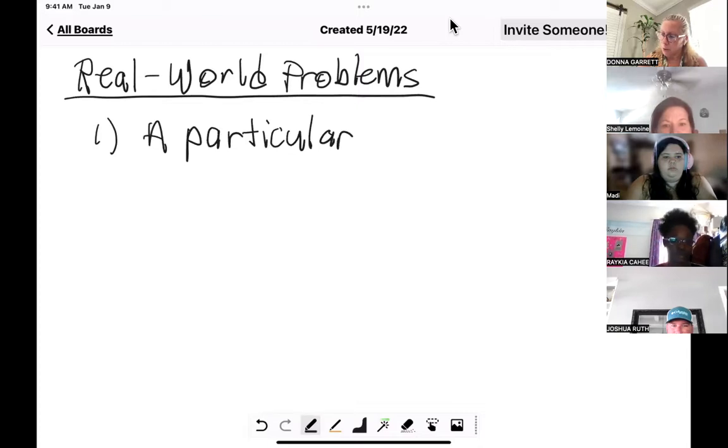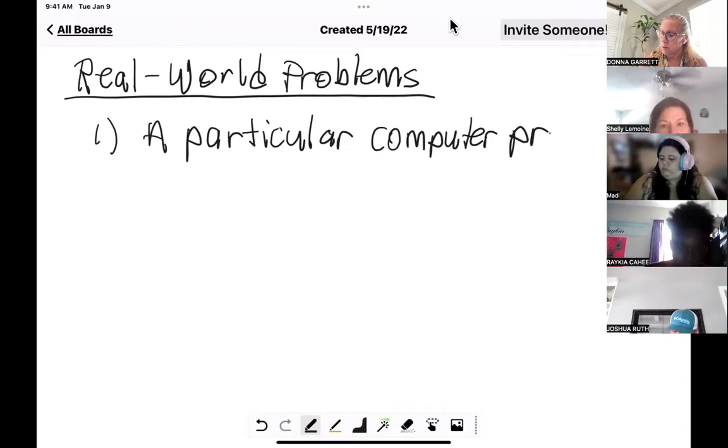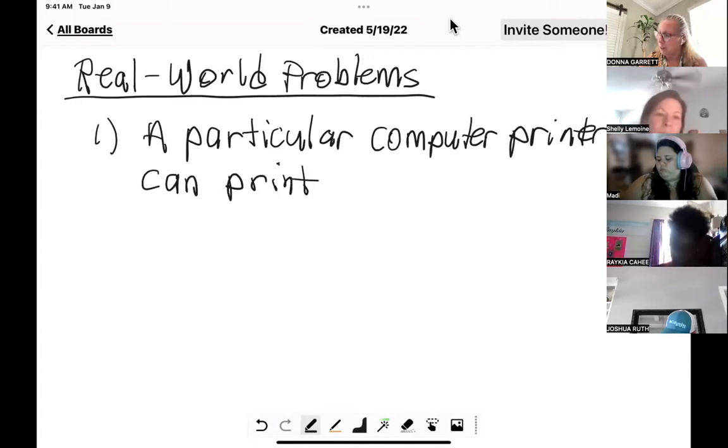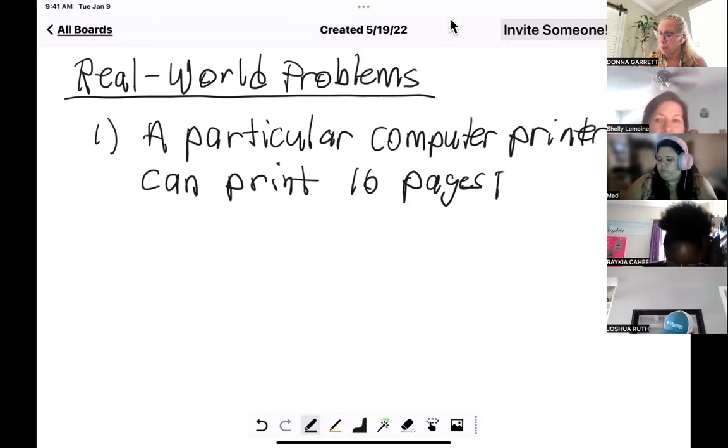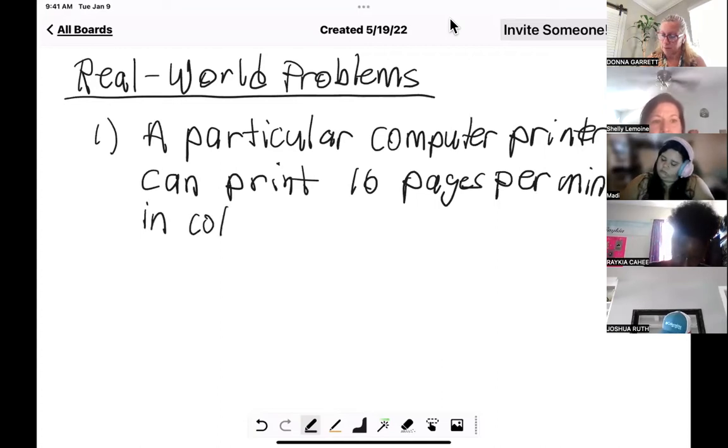A particular computer printer can print, and I'm sure you've seen this when you buy a printer, 16 pages per minute in color. I don't think that's too bad.